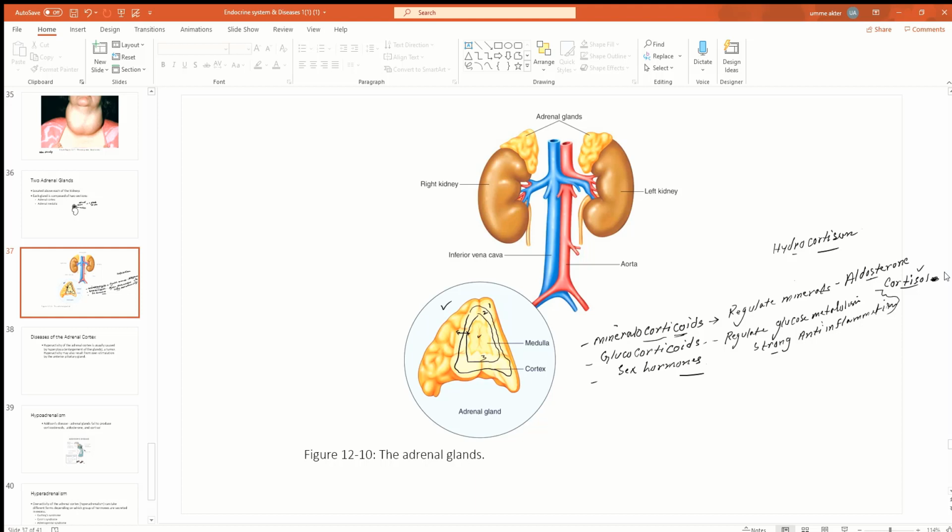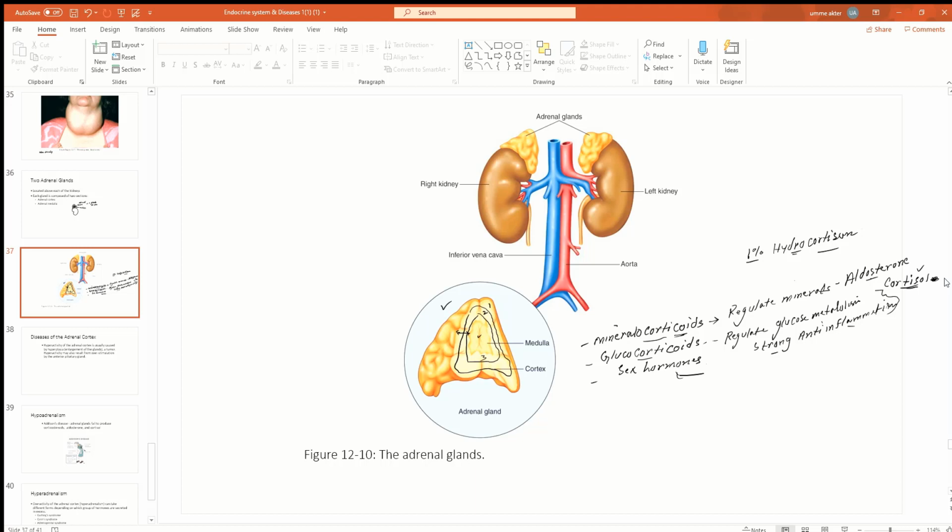Even 1% or 2% hydrocortisone is pretty strong to heal the inflammation. So hydrocortisone is actually a form of cortisol. So you know that it has a strong anti-inflammatory action, and it is a glucocorticoid.